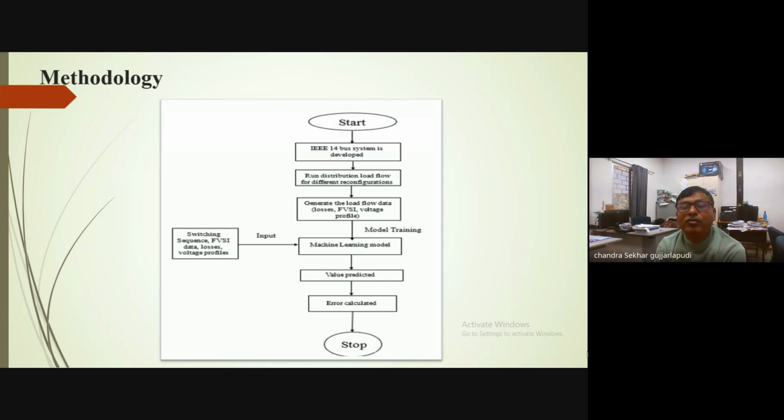Once training was over, we determined the different FBSI values for particular SVC connections, and we checked the losses. We checked the FBSI value for different sequences. That will give you the voltage as well as other losses also.